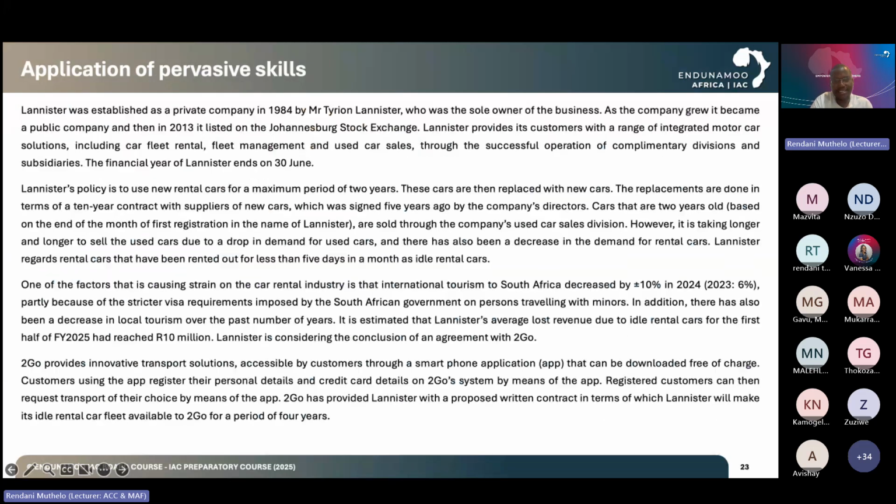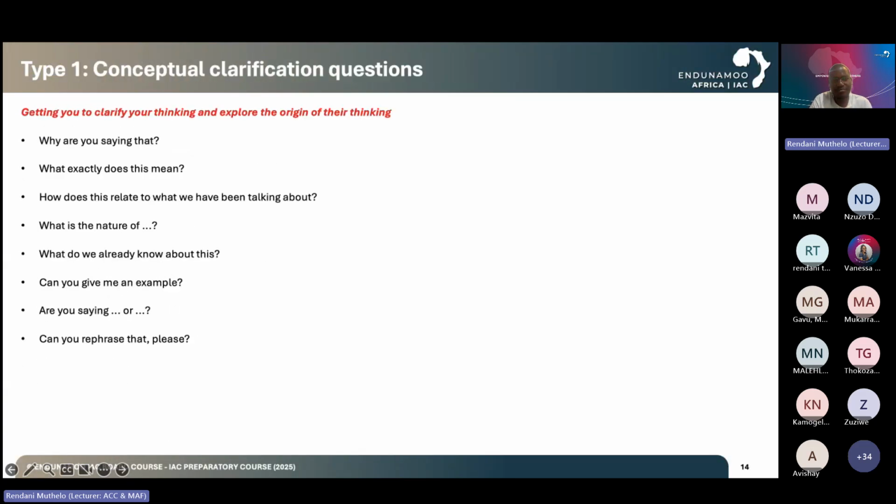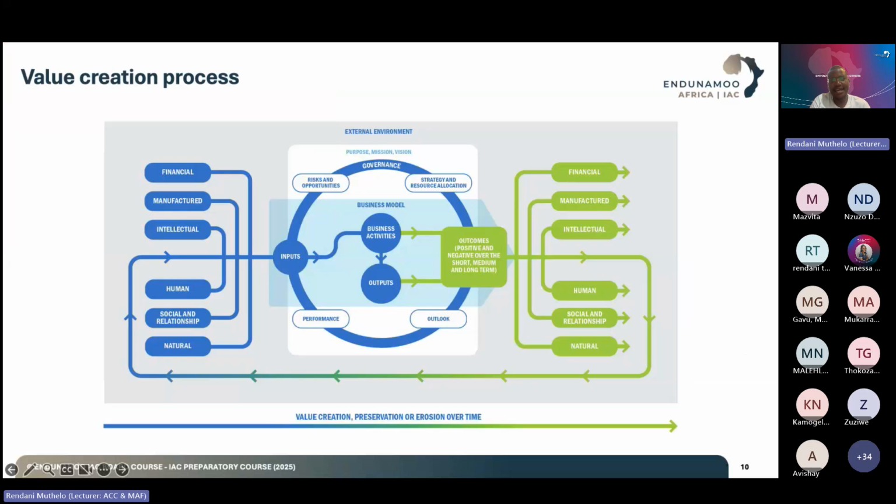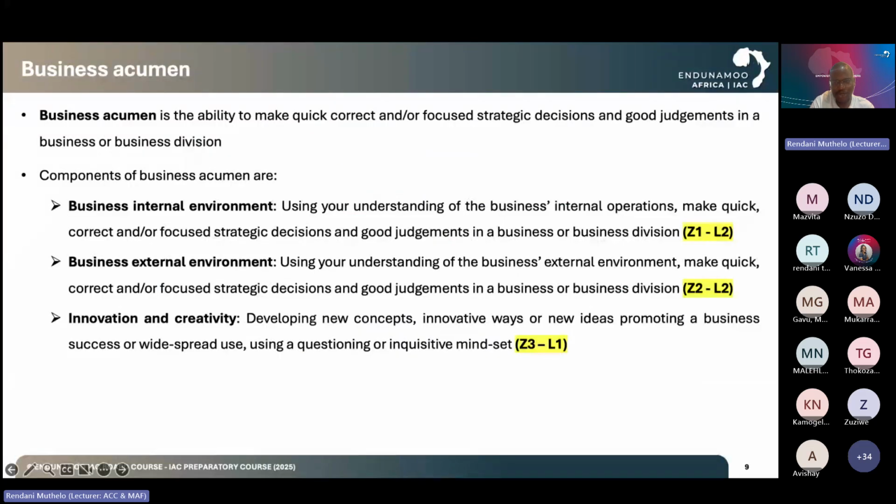In this case, we have 3 components for business acumen: Z1, Z2, and Z3. Next to them, I've added L2, L1, and so on. What SAICA is back on is the levels of proficiency required. In other words, it's like asking, how deep can you go with this issue?